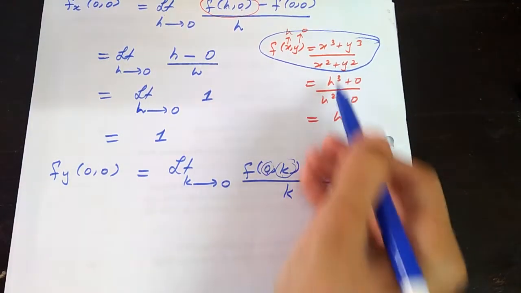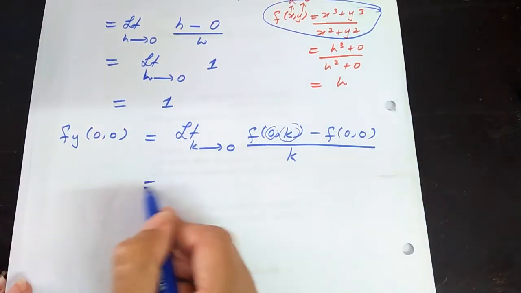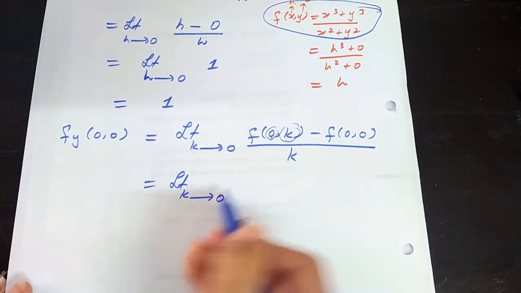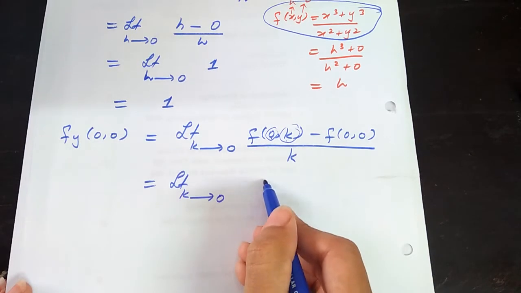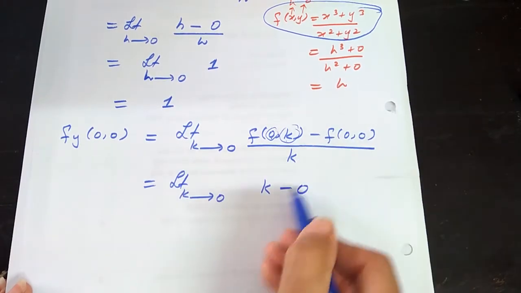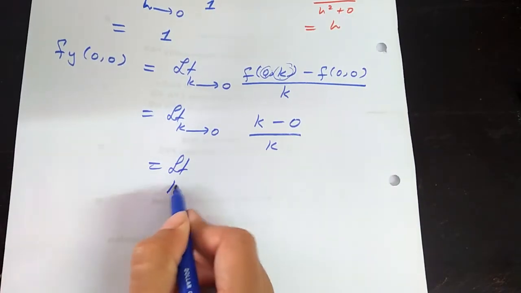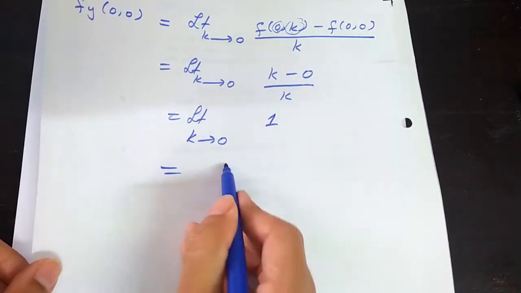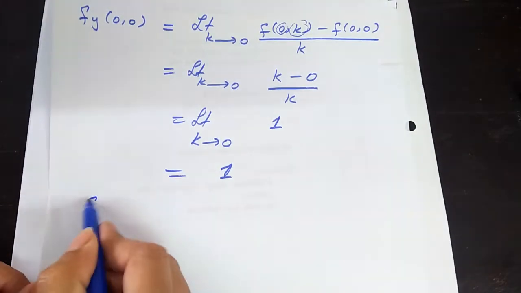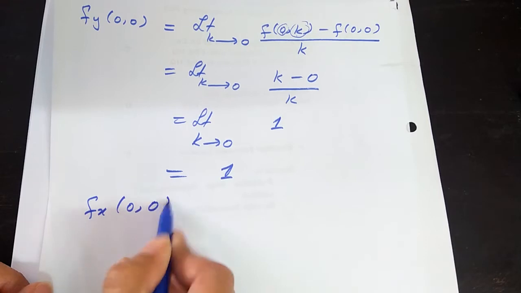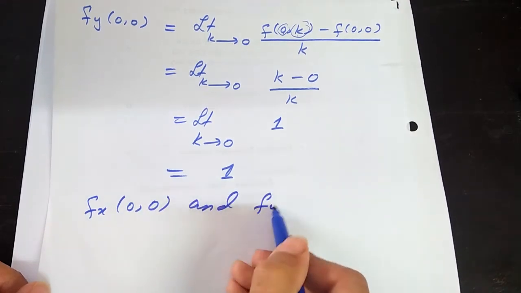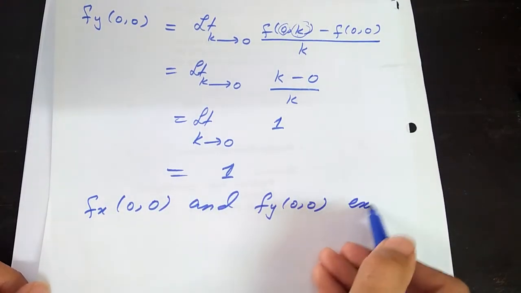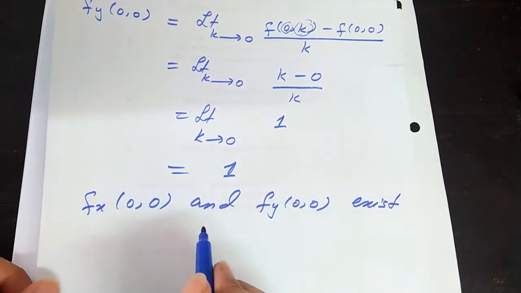After simplifying like this, I will get here limit k approaches to 0, from this one I will get k, minus 0, over k. So from here I got limit k approaches to 0, after simplifying 1, it will be equal to 1. So it means fx of 0, 0 and fy of 0, 0 exist for this given function.